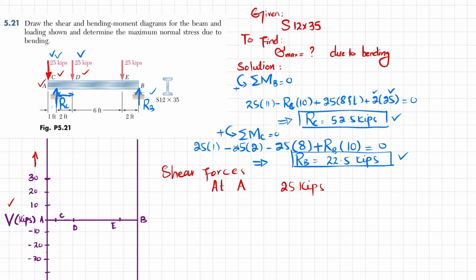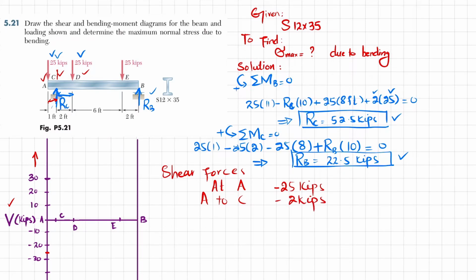Moving from A to C, just before reaching point C, the load will remain the same. So from A to C it will again be minus 25 kips.